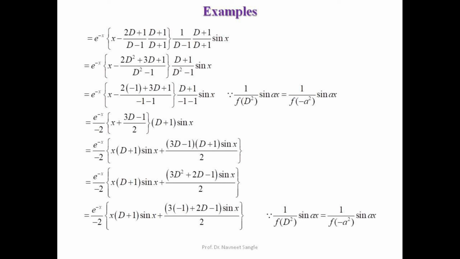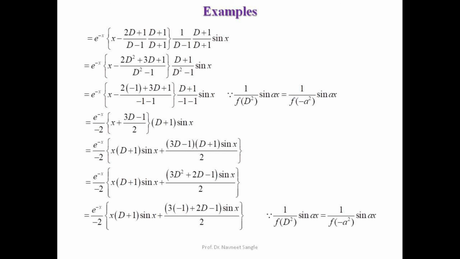So again, if we apply D square by minus a square according to the sine of ax or cos of ax formula for particular integral, then we get the next step as e raised to minus x upon minus 2 as it is, then x into (D plus 1) sine x, plus we are replacing D square by minus a square. So we get such a term, which is 3 into (minus 1) plus 2D as it is minus 1 upon 2 into sine x.